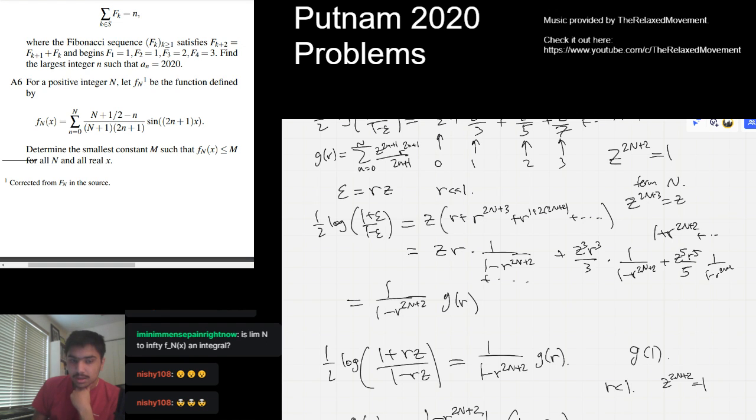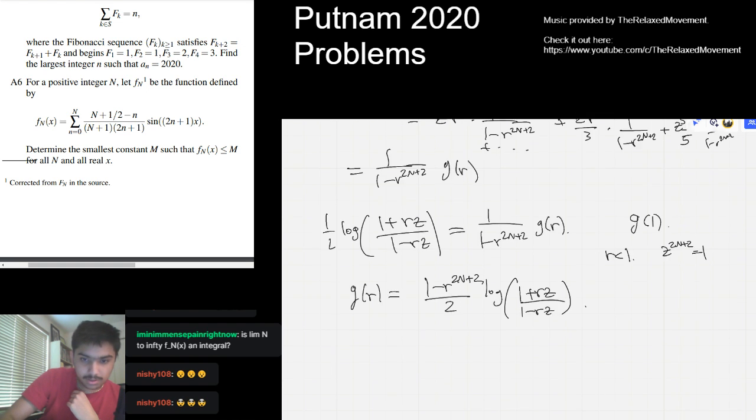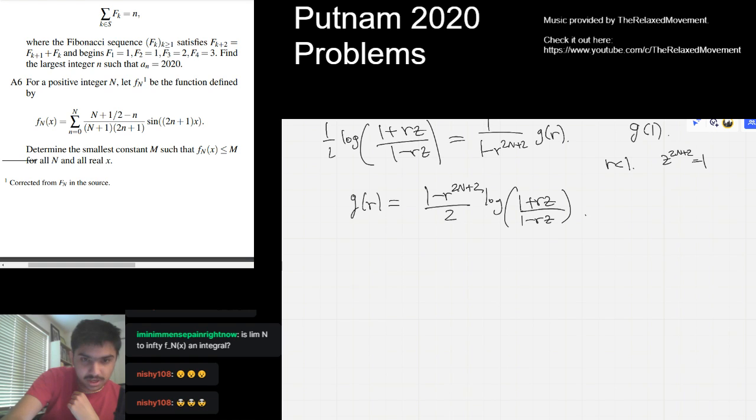Now, log of a complex number is kind of an iffy topic, but it should be like log of r e to the i theta is just log r plus i theta. I still think this makes sense.